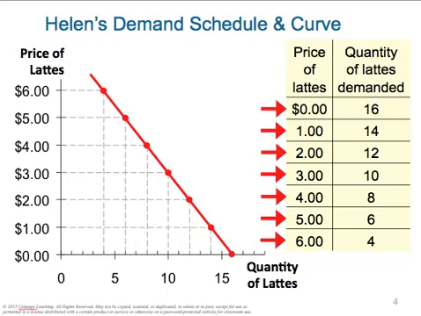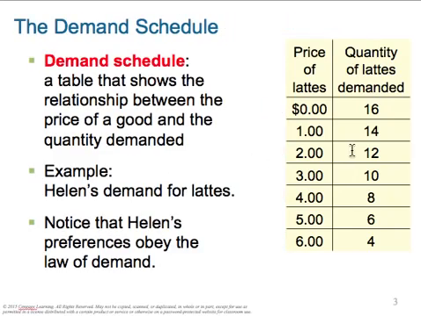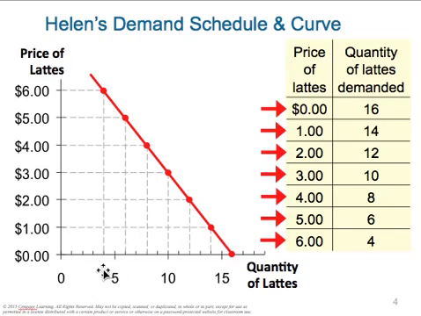So we're going to put Helen's demand schedule onto a graph. On the left vertical axis, we have the price of lattes from $0 to $6. On the horizontal axis, we have the quantity of lattes demanded, 0 to 15 and onwards.